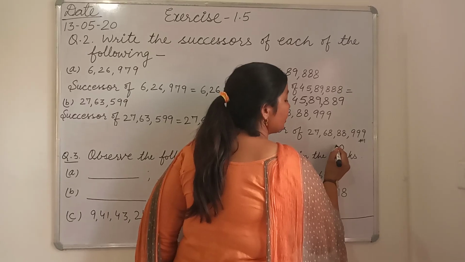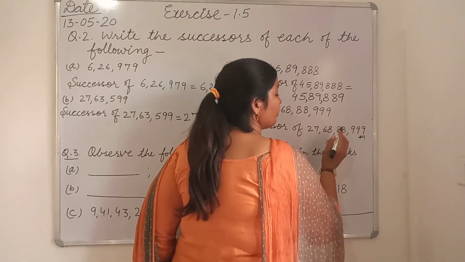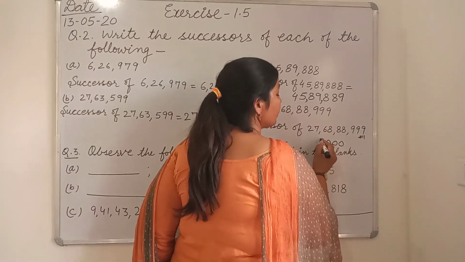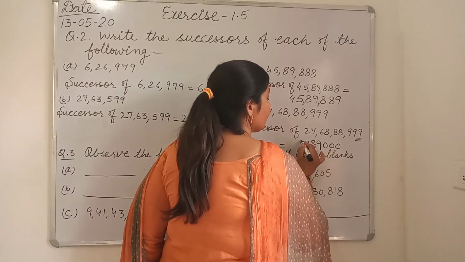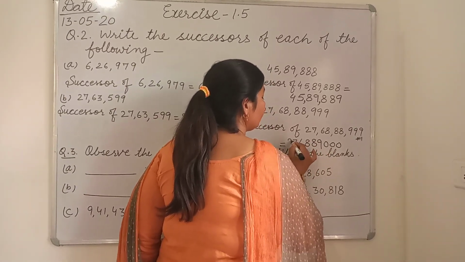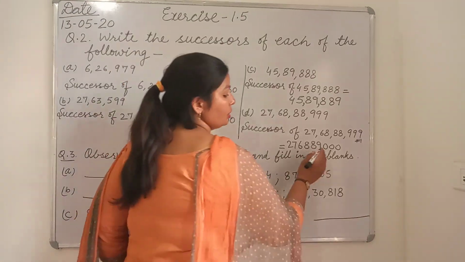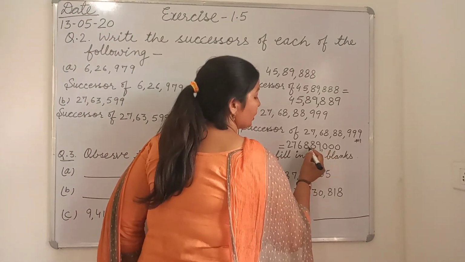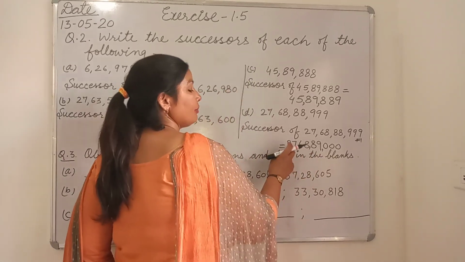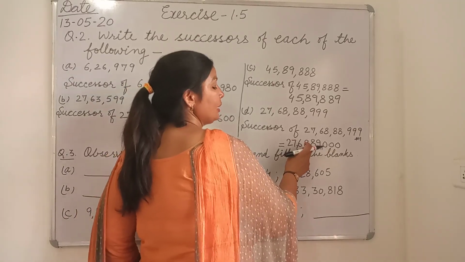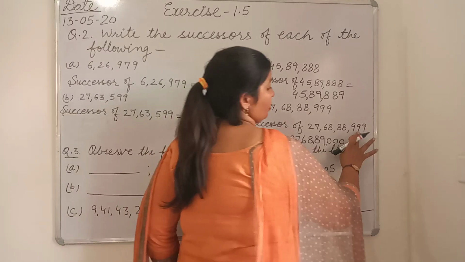Again 9 plus 1, 10, 1 carry. Then 9 plus 1, 10, 1 carry. 8 plus 1, 9. There is 8, again 8, 6, 7, 2. Now put the commas. Here again the thousands period separates, then lakhs. So 27 crore 68 lakhs 89,000. That's your answer.